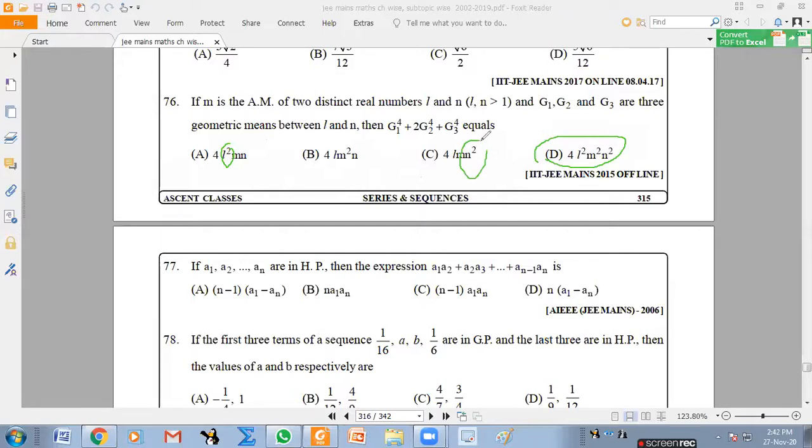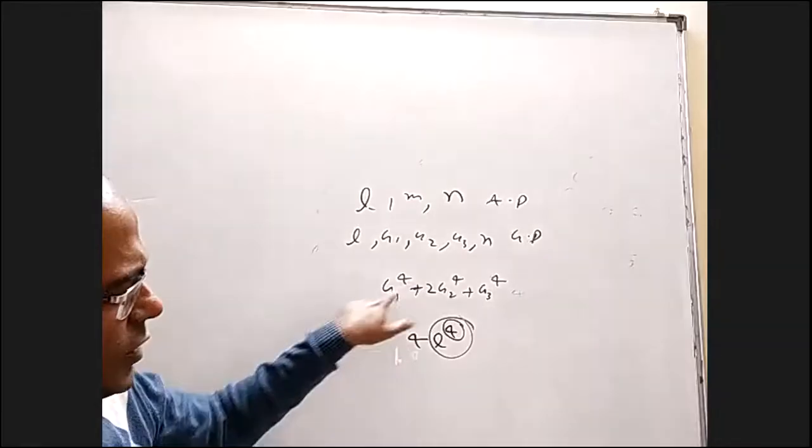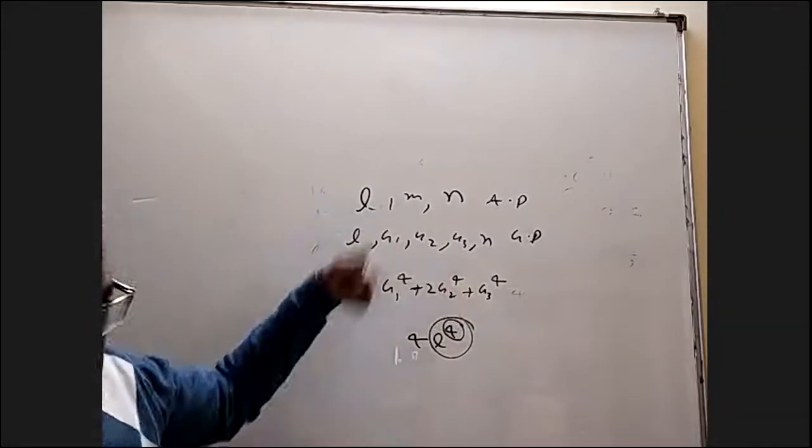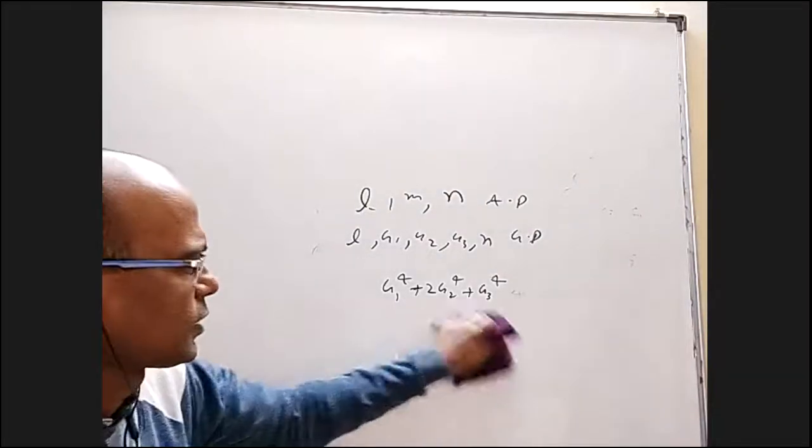If I replace L with N, the question doesn't change, so the answer should not change. So the only possibility is this, just a crude way of saying it. I'm not saying this is a solid way. Of course, somebody can really find G1, G2, G3, substitute them, and then you will get it. But I want to see something else.